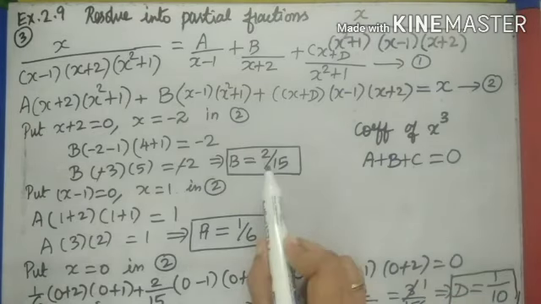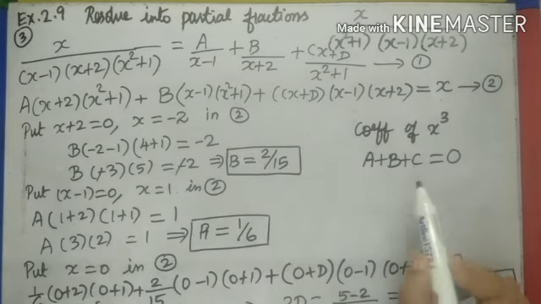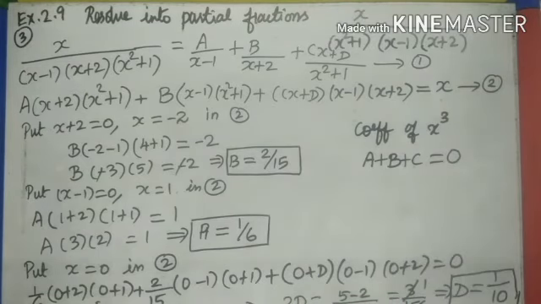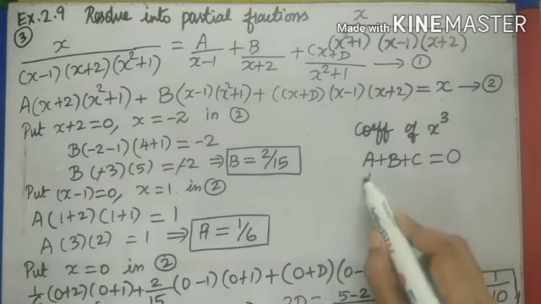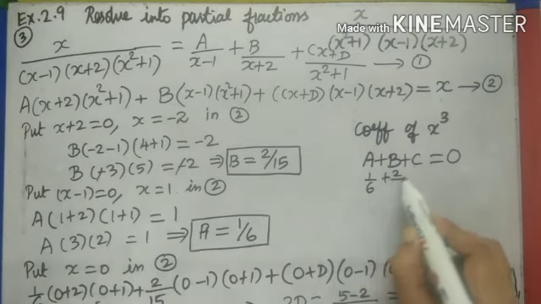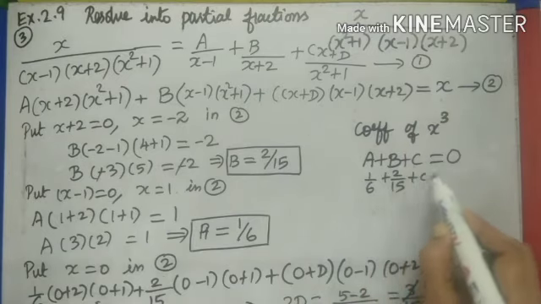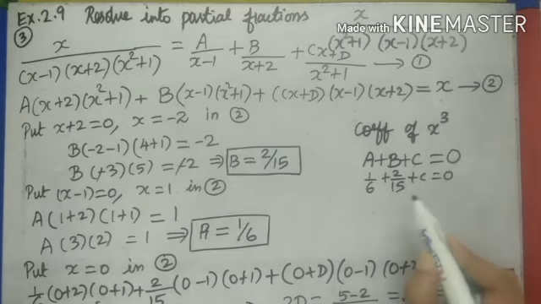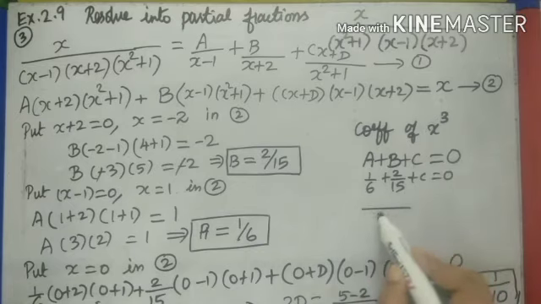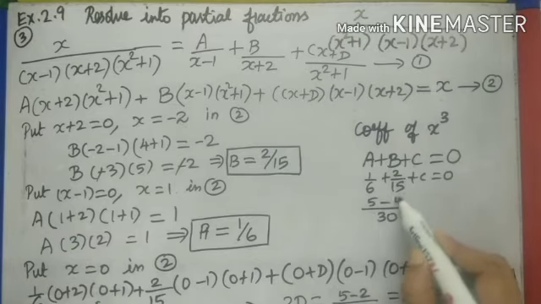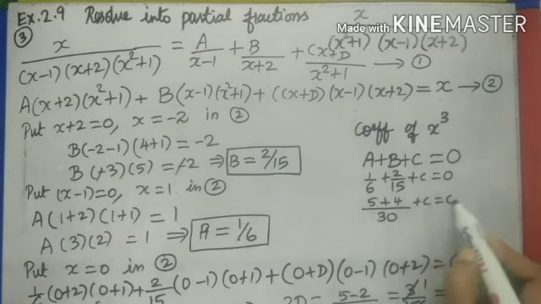Now I know what a and b are. Put it in and find out the c value. So I get 1 by 6 plus 2 by 15 plus c equal to 0. Taking LCM, it is 30. 5 6s are 30, 2 15s are 30. Plus c equals 0.